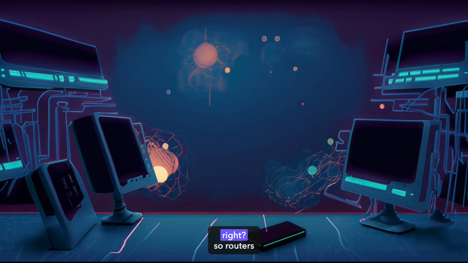Right? So the router's public IP address is used by the node within the network segment to communicate across the network. So the private IP address of that node is mapped with the public IP address of the router, which is helping that network segment to connect to the internet.